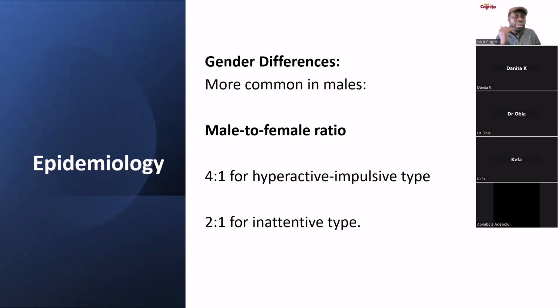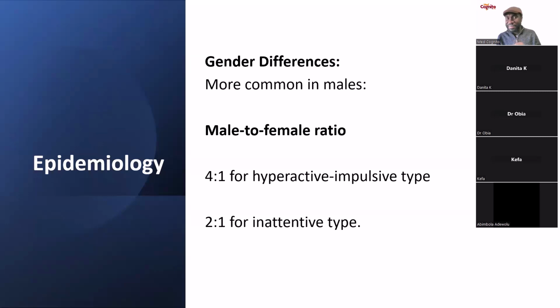Please, doctors, who can help me? Difficulties in social interaction is one of them. Substance abuse. What else? Risky behavior. Like what?